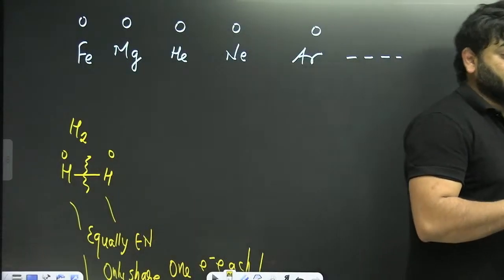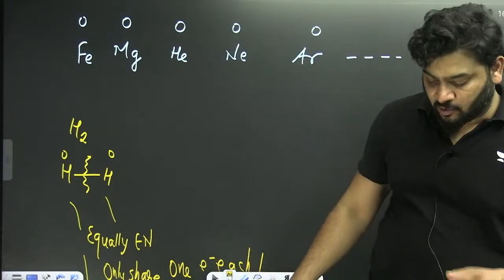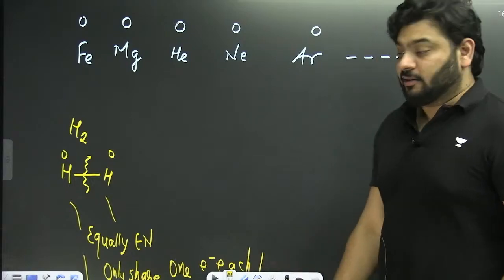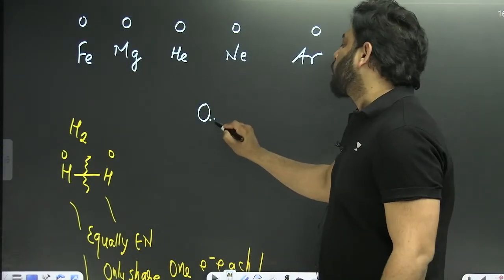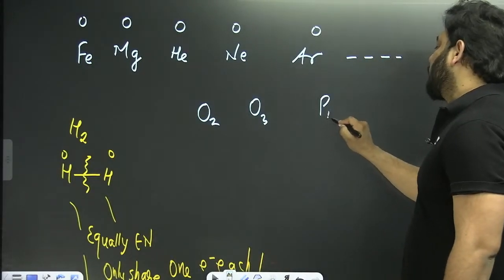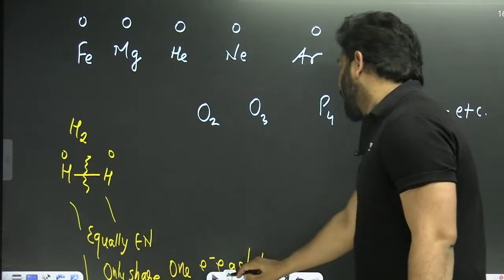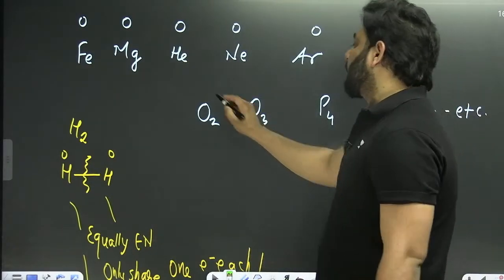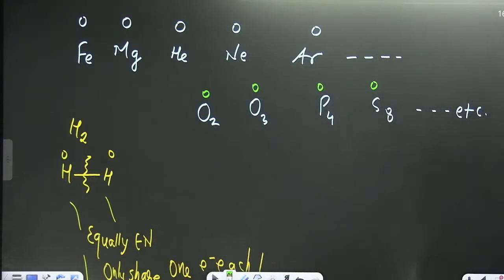Both of them are just sharing electrons. Whoever had 1 electron in its outermost shell is acquiring that charge only, and that's why they have 0 oxidation state. So let it be O2, let it be O3, let it be whatever it is, P4, S8, etc. Everywhere, whenever the elemental form is there, the oxidation state will come up as 0. Please note this part down. It's a very important part I'm explaining.